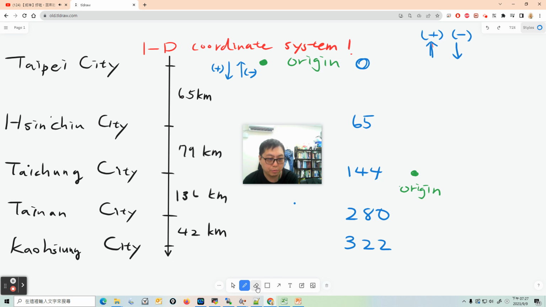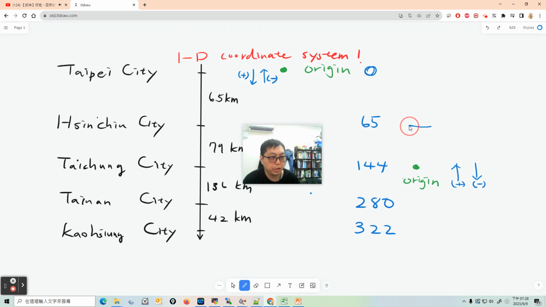Sorry, I shouldn't put it here. It's a little messy. Okay, I should put it right here. Up is positive, down is negative. So under this new setup, what will the position of each city be?